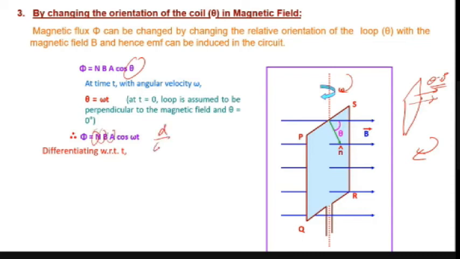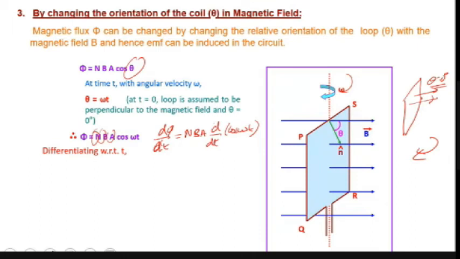So d phi by dt is nothing but take all the constants outside. NBA is constant. D by dt of cos omega t. Here the function of t is only cos omega t. What is d by dt of cos omega t? Minus sin omega t.